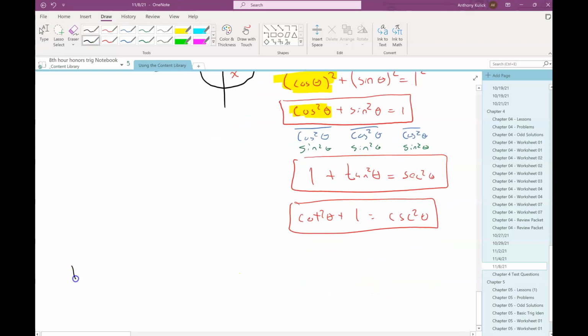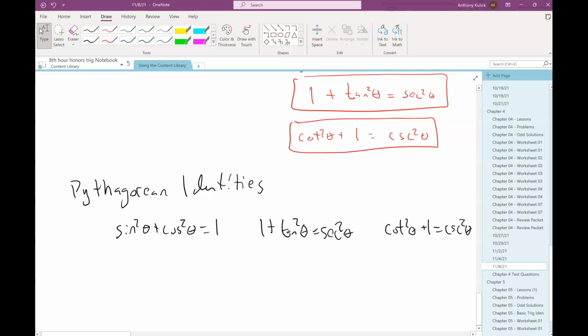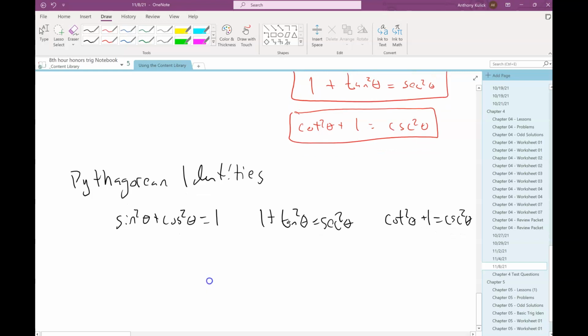These three identities we're going to call the Pythagorean identities. We all cool there? Okay.